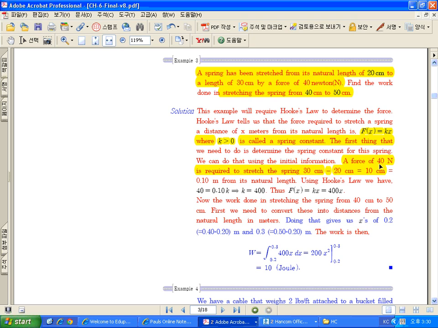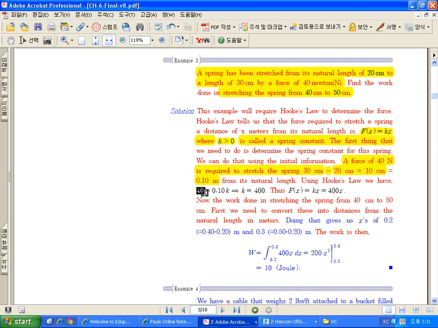So we needed 40 Newtons to make the stretch of 10 centimeters, which is 0.1 meter. Newton meter is the right measurement.